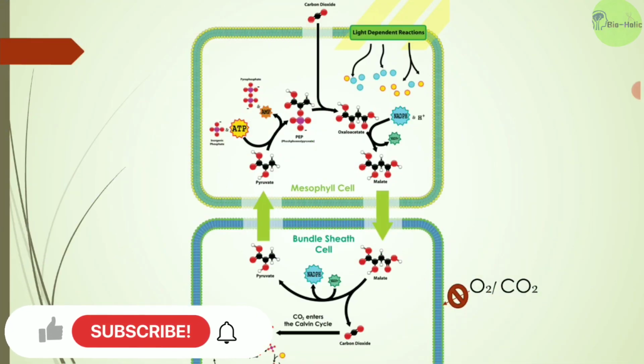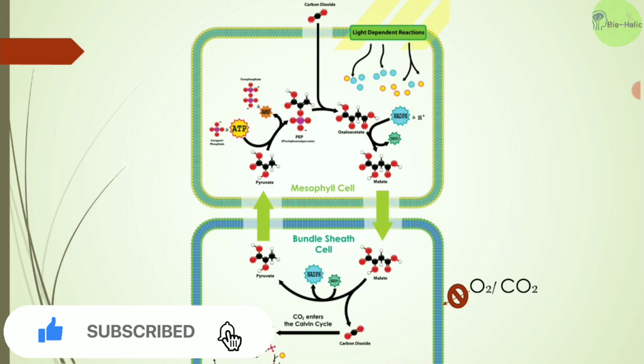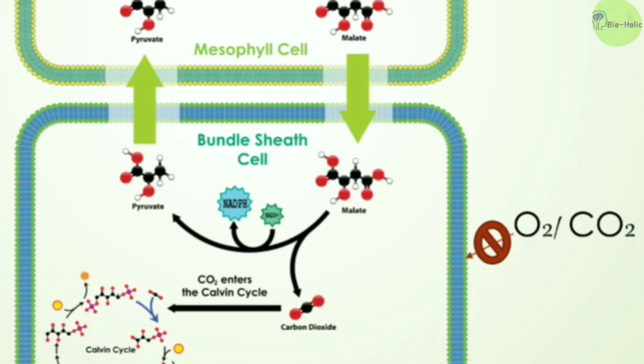Again, here I will explain the full process. The bundle sheath cell acts as a wall, preventing the entrance of oxygen or carbon dioxide, thus oxygen cannot enter the cell. But we need carbon dioxide to produce glucose. And they are very clever.